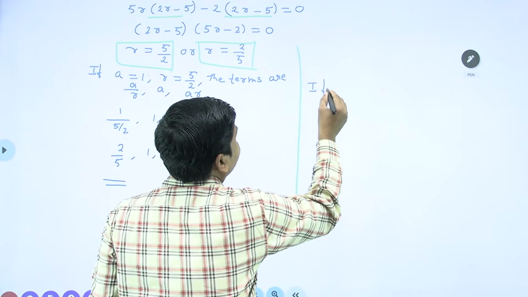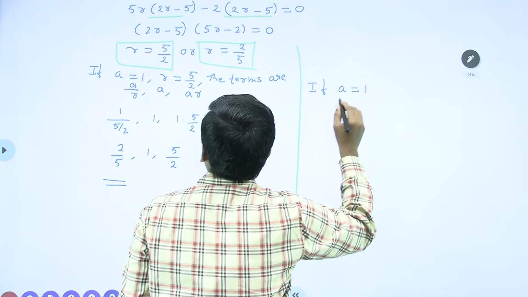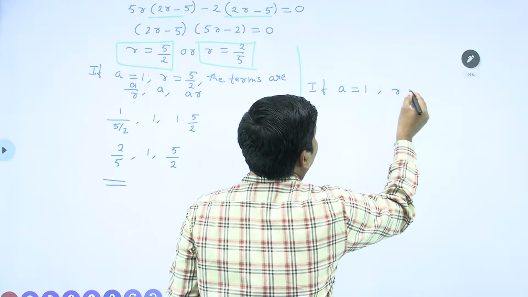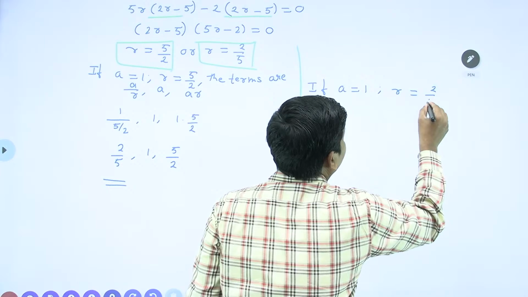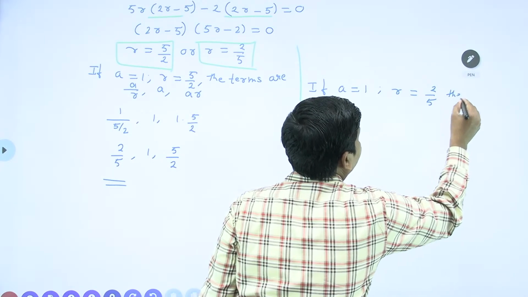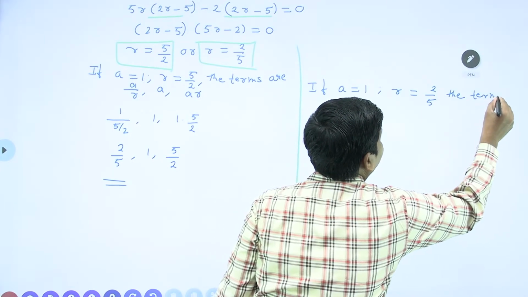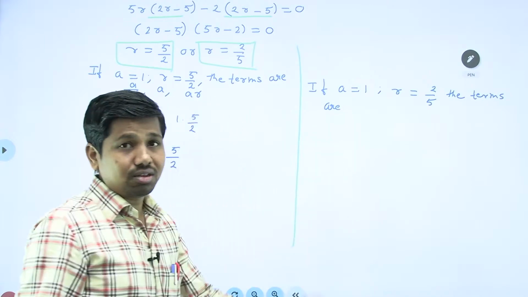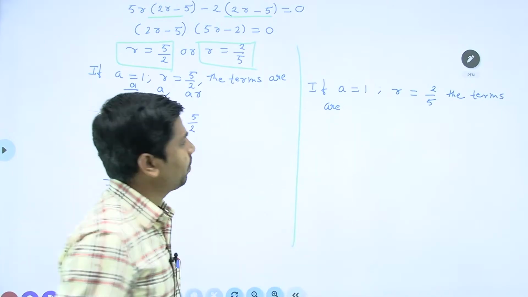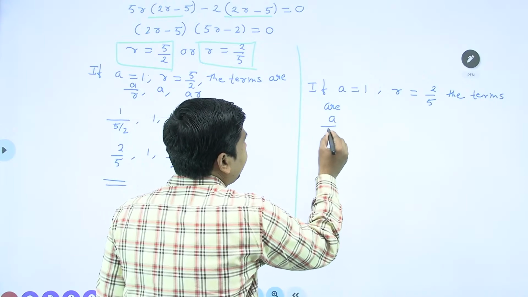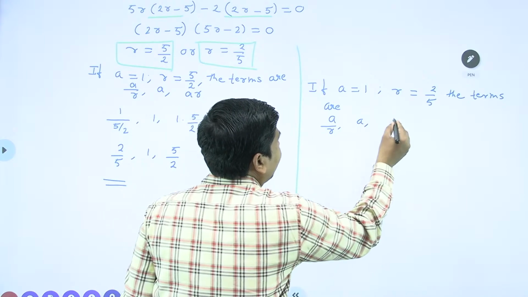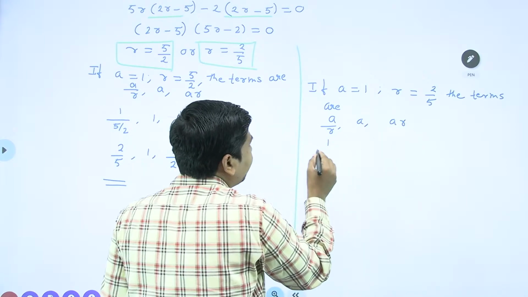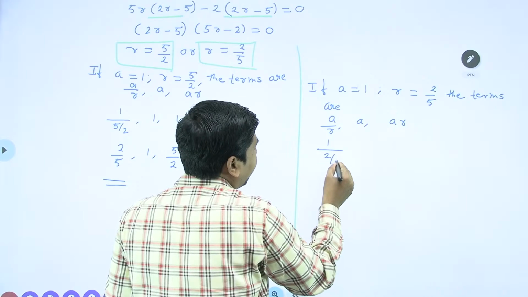If a equal to 1 and r is equal to 2 by 5, the terms are taken as a by r, a and ar. A is 1, r is 2 by 5.